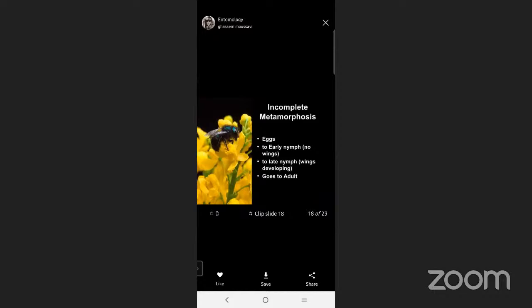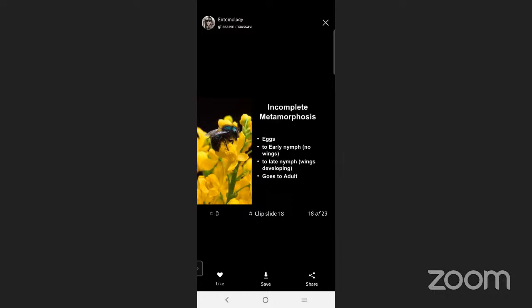Whatever comes out from the egg, we call it a maggot or nymph, according to the naming of that particular insect life cycle. Nymphs have no wings. Maggots also usually have no wings, but later they develop in the next stage of that life cycle.